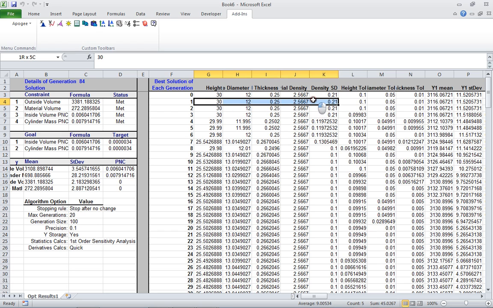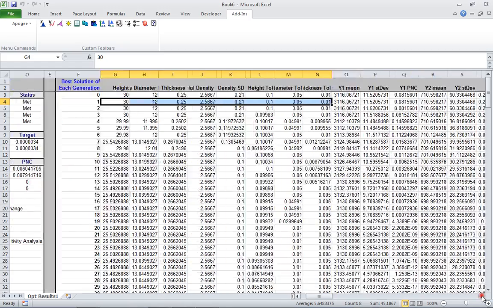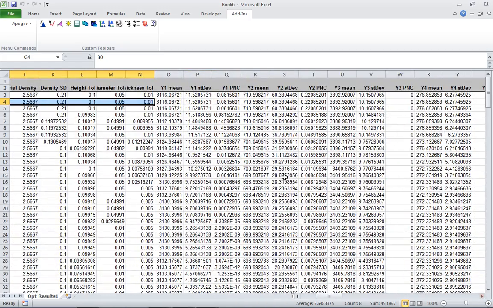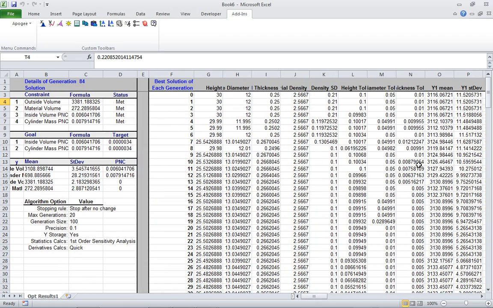You have results presented for each one of those in terms of the selected parameter values for nominals and tolerances and standard deviations in our case, and then also for your responses you have the means, standard deviation, and PNC for each of the responses that we've defined and used within this formulation for this optimization problem.